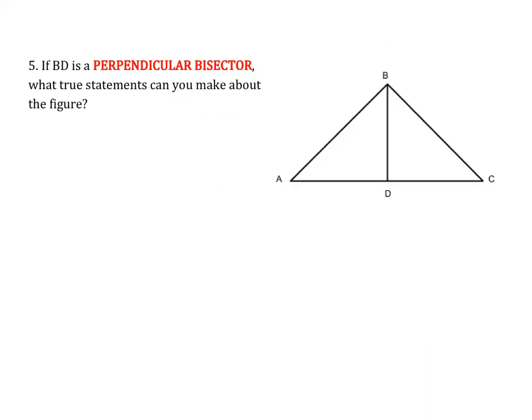Okay, so this problem says if BD is a perpendicular bisector, what true statements can you make about the figure? So let's talk about what a perpendicular bisector does. A perpendicular bisector does two things.